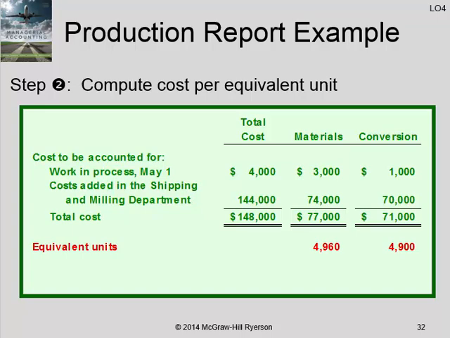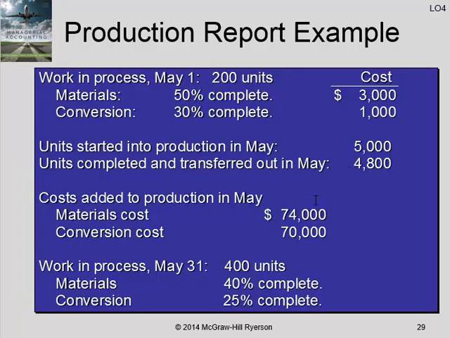Well, first we're given some information, and that is basically what are the costs that we've spent, costs that we've inherited in our beginning work in process inventory here. Let's see, maybe use a red. So these are costs that we've inherited, and then this is what we're adding, right?